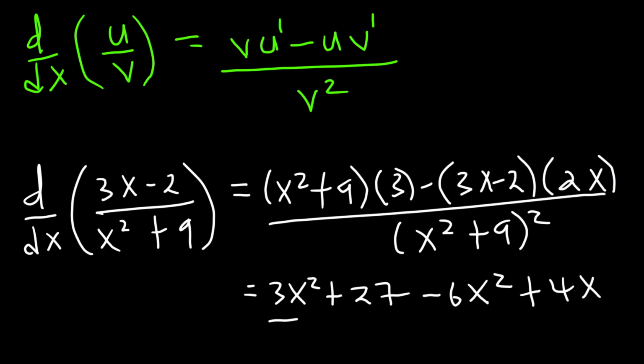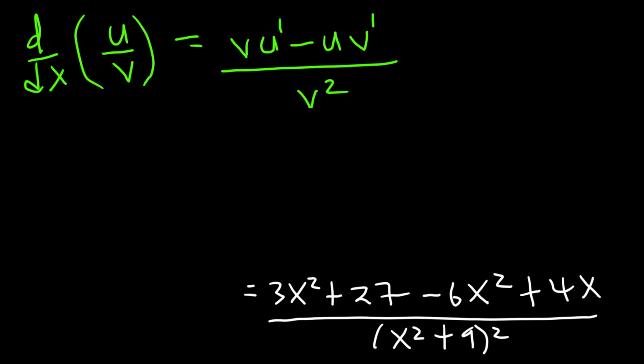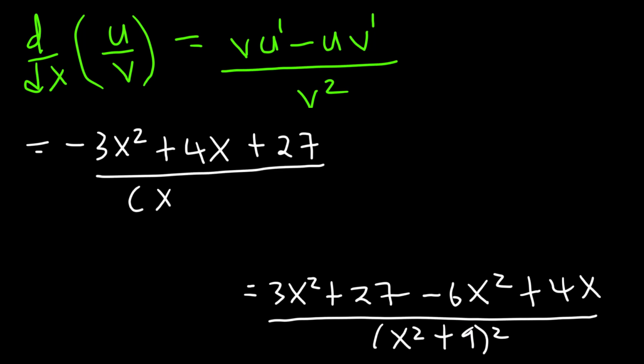And then this will be divided by x to the power of 2 plus 9 raised to the power of 2. And now if we combine this and this, our final answer will be equal to negative 3x to the power of 2 plus 4x and then plus 27, and this will be divided by x to the power of 2 plus 9 raised to the power of 2, and that's our answer.